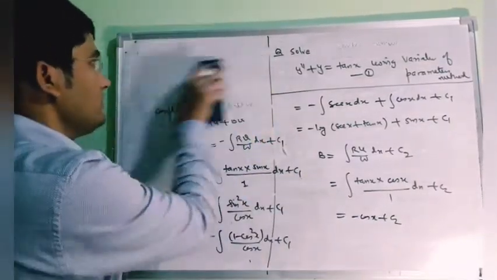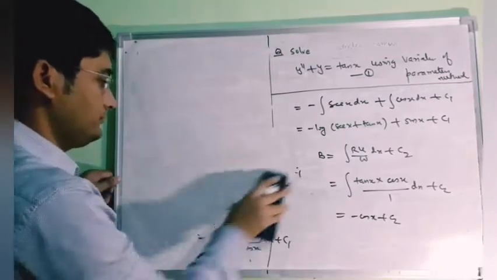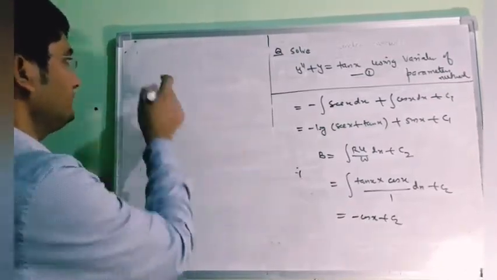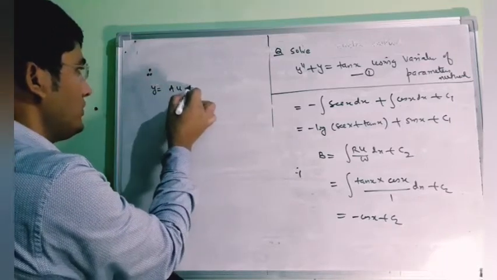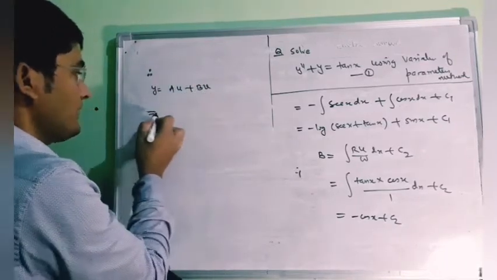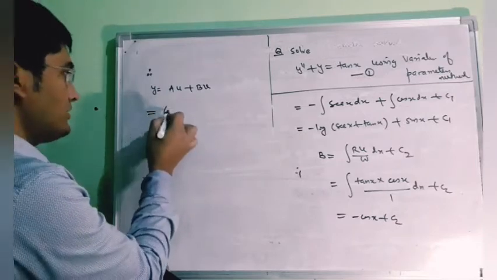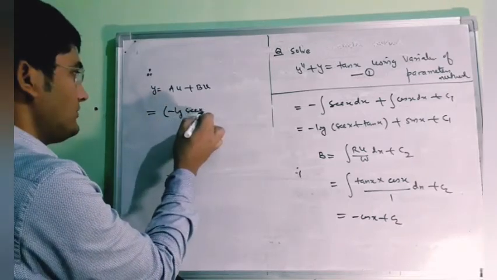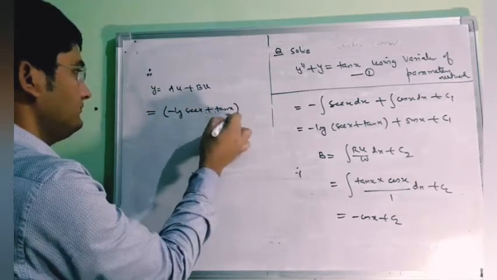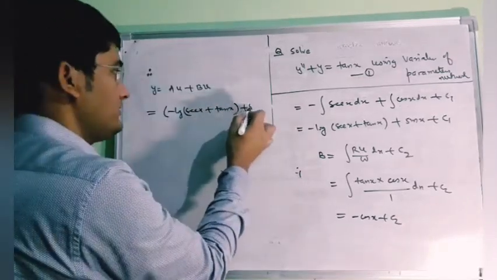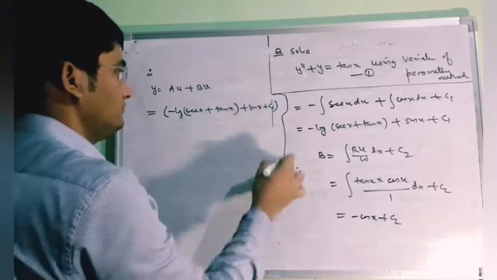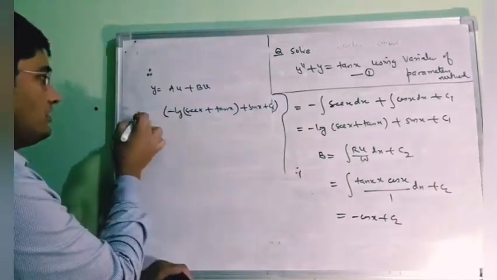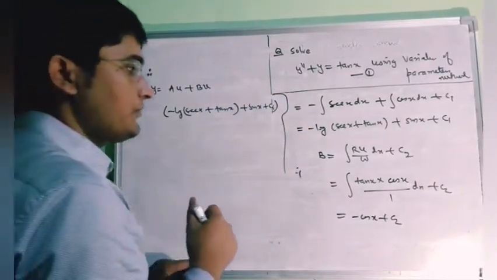Thus our solution is, therefore our solution is y equal to a u plus b v, and your a was minus log sec x plus tan x, then sin x plus c1 into, this is my a into u.